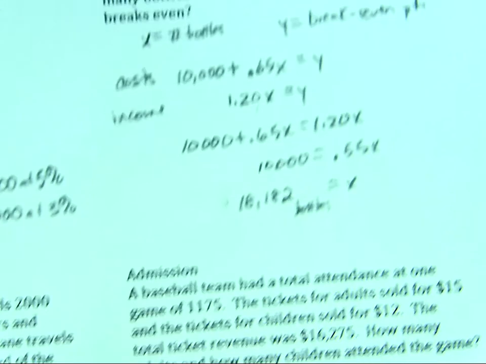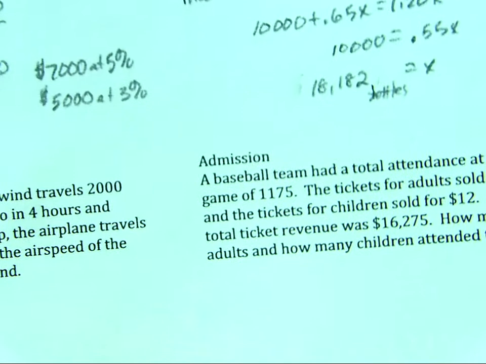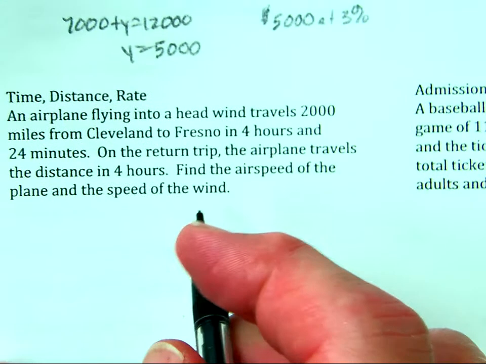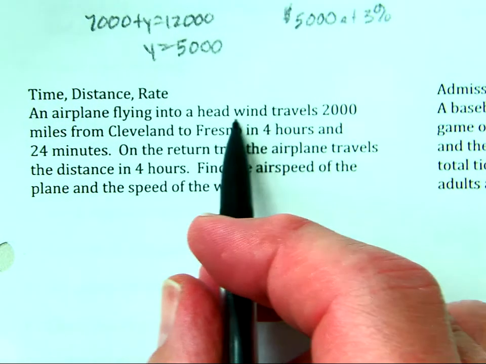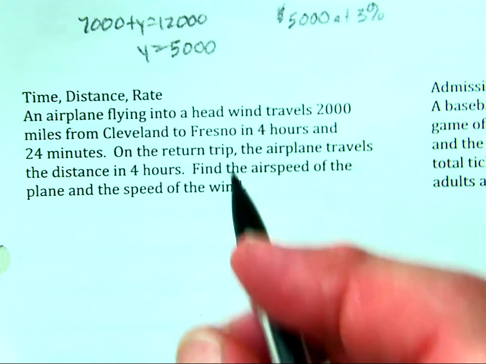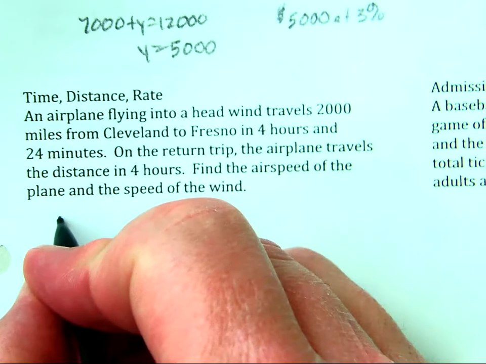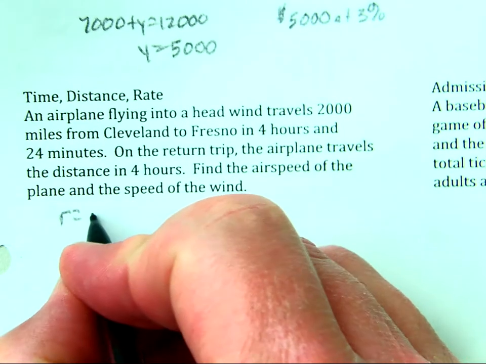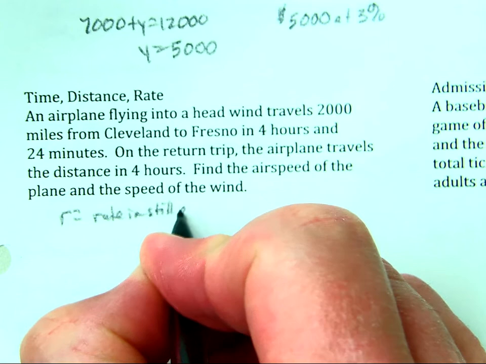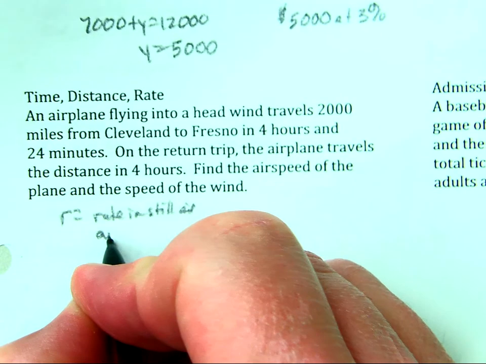The next one is a time, distance, and rate problem. We have an airplane flying with the wind and against the wind. So let's let R be the rate in still air, or that's called the airspeed.